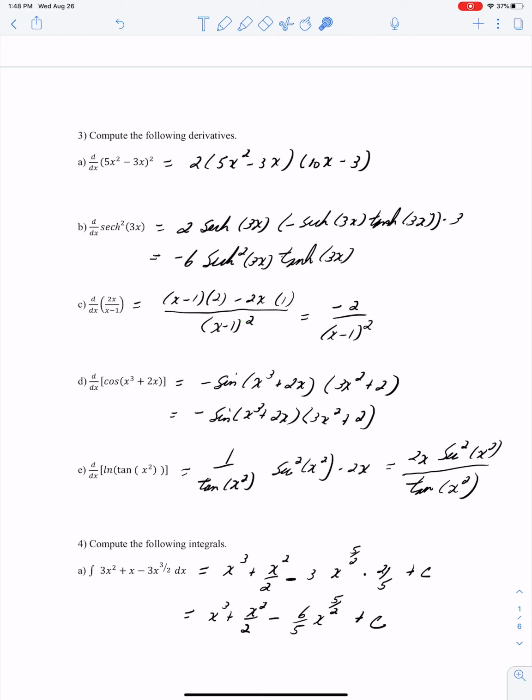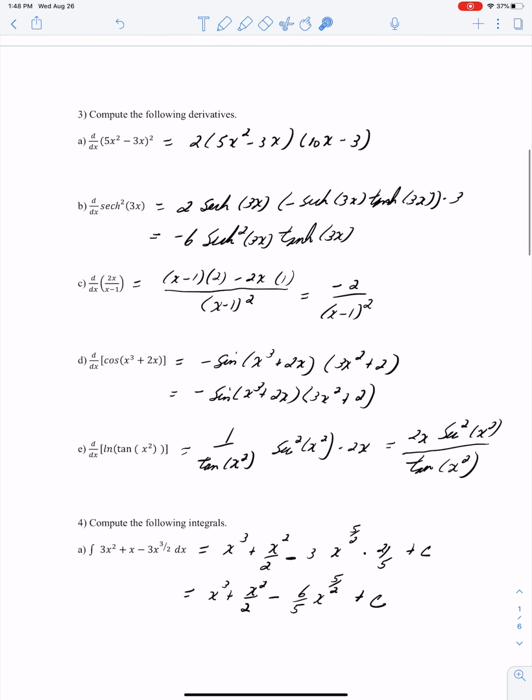Cleaning things up, my 2x's cancel upstairs. I get a minus 2 over x minus 1 all squared. And that's as far as we got in the first lecture.